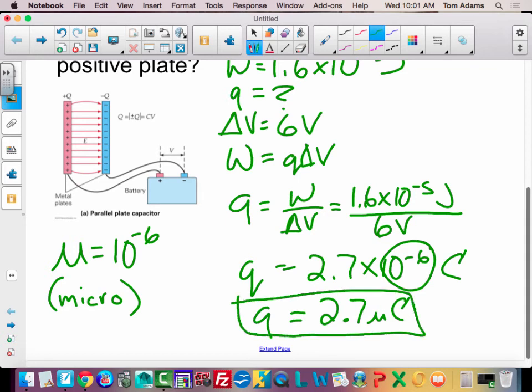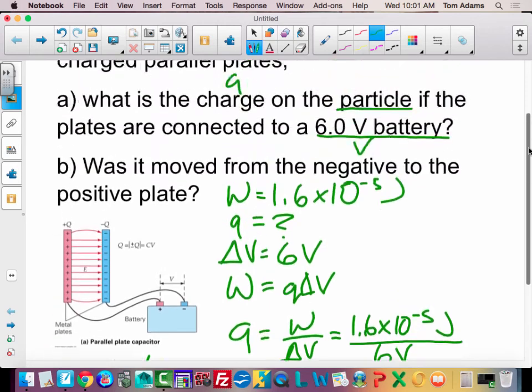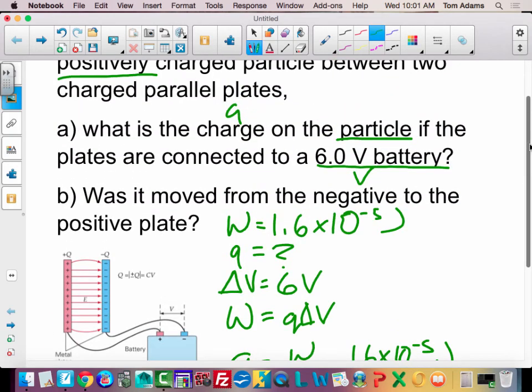Now part B says, was it moved from the negative to the positive plate? Well, for a positive charge, it moves from negative to positive.